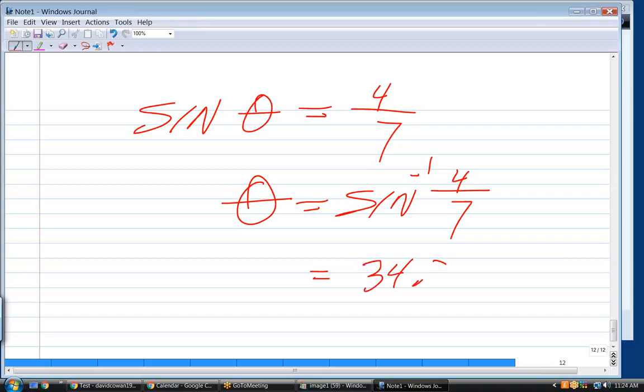Okay. So it only gives you the first quadrant answer. Notice, but there is another perfectly legitimate answer. That's the second quadrant answer. In other words, whatever is supplementary to this angle, 145.2.